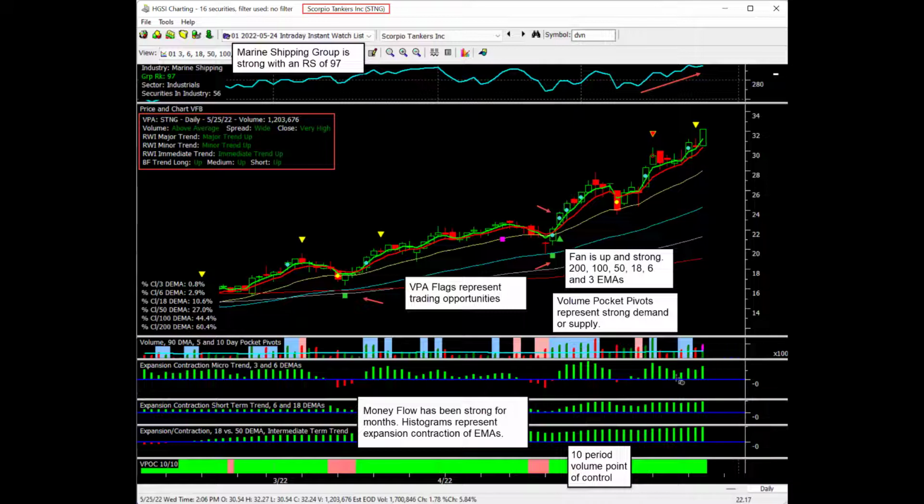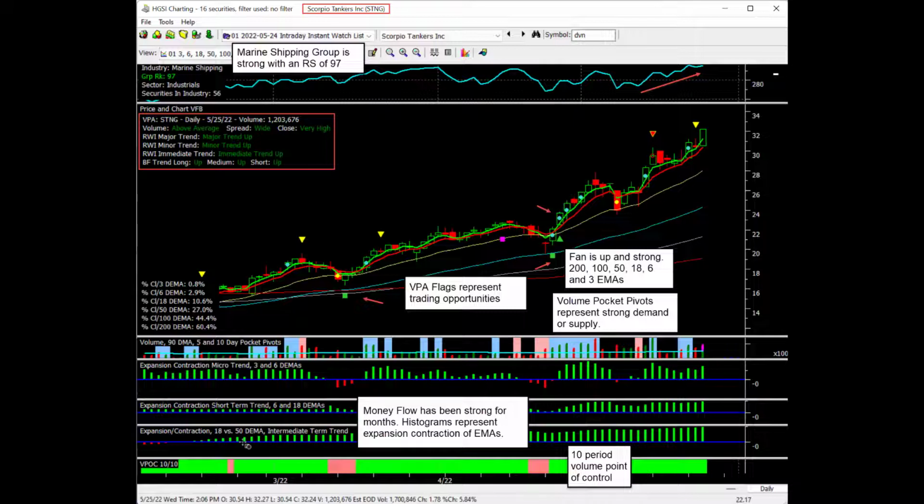Since I'm talking about the moving averages, this window represents the difference between the 3 and the 6 exponential moving averages. It's called the micro trend. This window is the short-term trend, the relationship between the 6 and the 18 exponential moving averages, so that would be between the red and the yellow moving averages.